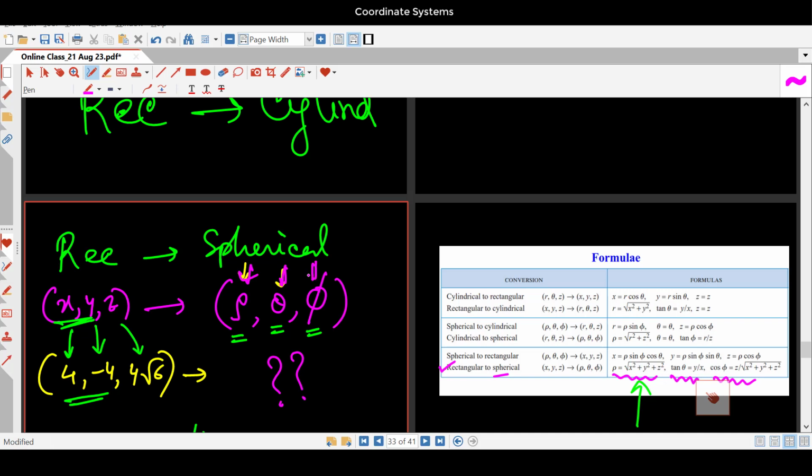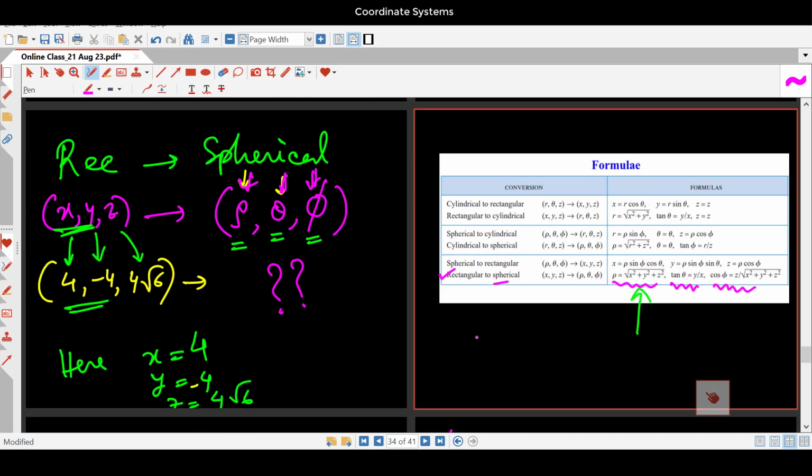Now let's find phi. So for phi you have the formula here, that is, you can see cosine phi equals z over square root of x squared plus y squared plus z squared. So instead of square root of x squared plus y squared plus z squared, you know that it is just rho. So we can just write cosine phi equals z divided by rho.